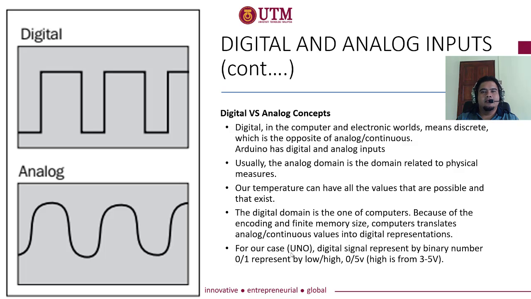Again, what is the difference between digital and analog concepts? Digital in the computer and electronic world means discrete, which is the opposite of analog, which is continuous. Because the Arduino itself is like your computer, a mini computer, in general any computer or computer based board communicates by using digital signals.